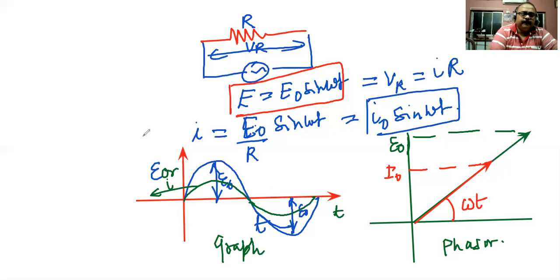So this is the phasor diagram for a circuit containing only a resistor.